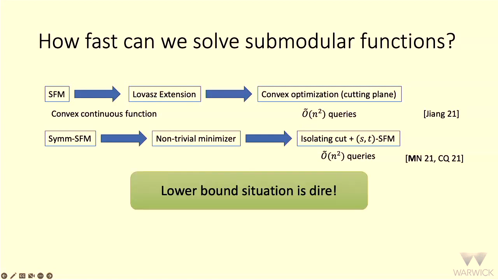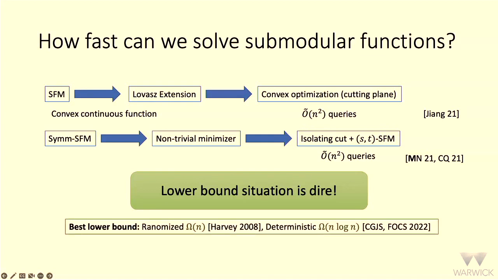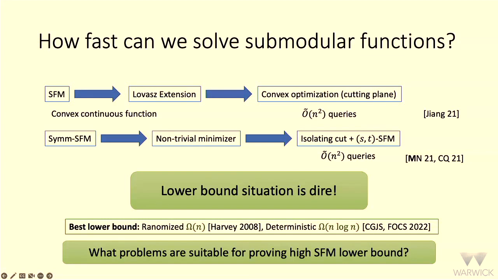However, the lower bound situation is appalling, to say the least. We have an omega n randomized lower bound from 2008, and a deterministic omega n log n lower bound, which is a recent paper in FOCS this year. And that's about it. So there is a huge gap between the upper bound and the lower bound. So the question you might ask at this point is, can you think of a problem which can be conjectured to have a superlinear lower bound?